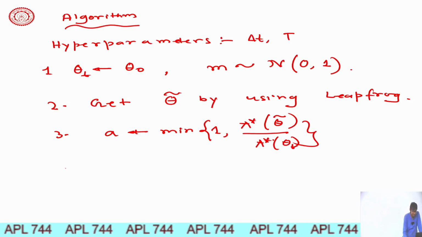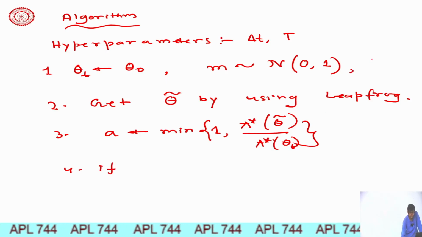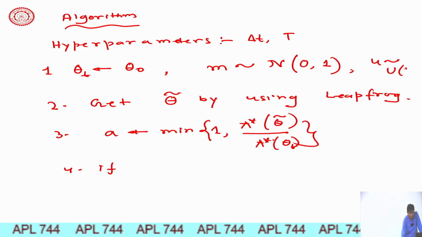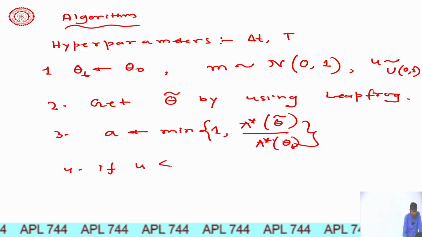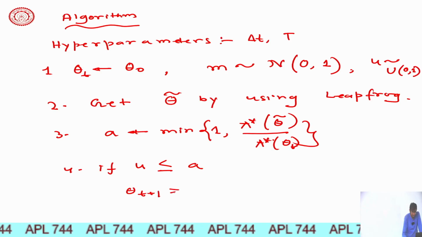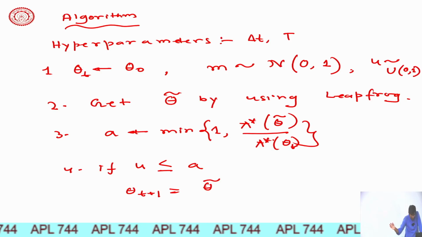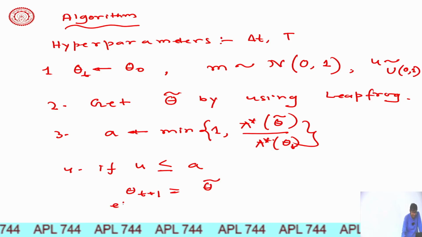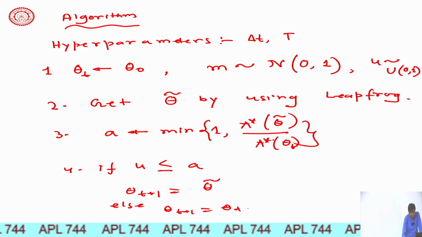Okay. And then obviously we will also sample U. I forgot to mention, U from 0, 1. So if U is less than or equal to A, theta t plus 1 is equal to theta tilde, with acceptance ratio, whatever it is, I am not writing, else theta t plus 1 is equal to theta t.